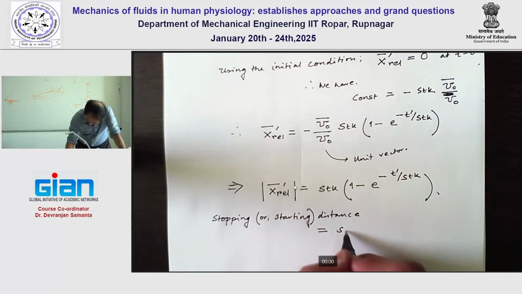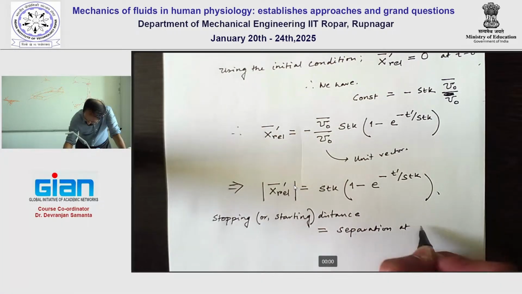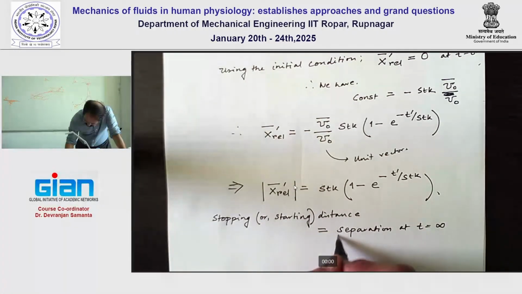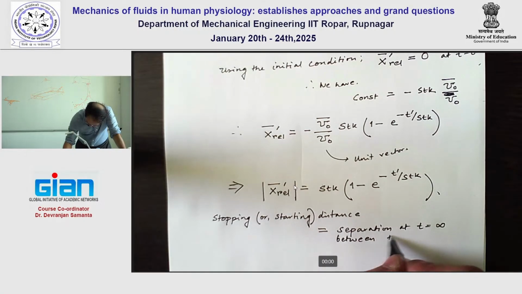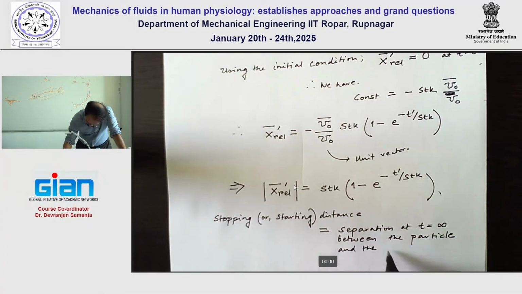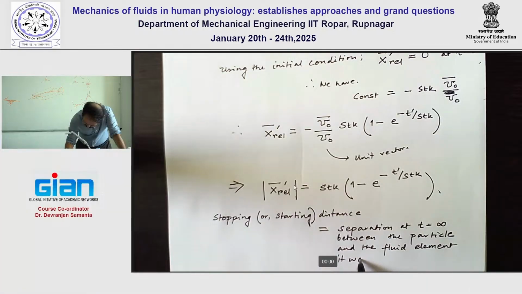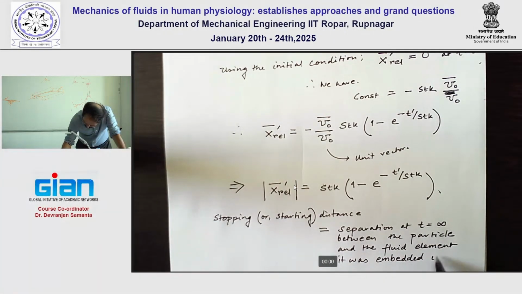is the separation, when we stretch the time to infinity, the separation at t equal to infinity between the particle and the fluid element it was embedded in at t equal to 0.